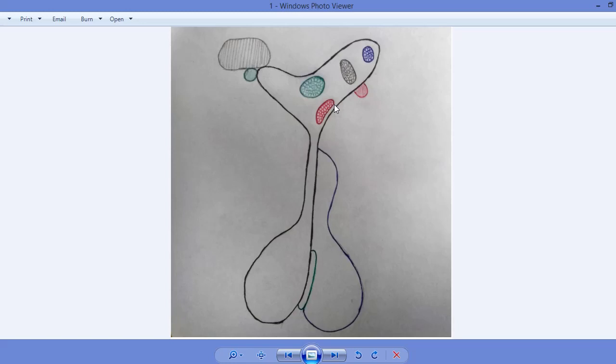The names of these nuclei can be deduced from their location. This nucleus is present above the optic chiasma, superiorly and anteriorly to it. That is why it is called the preoptic nucleus.